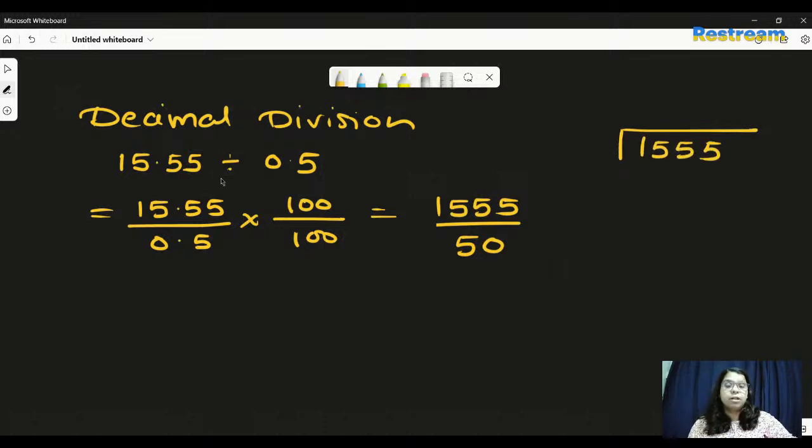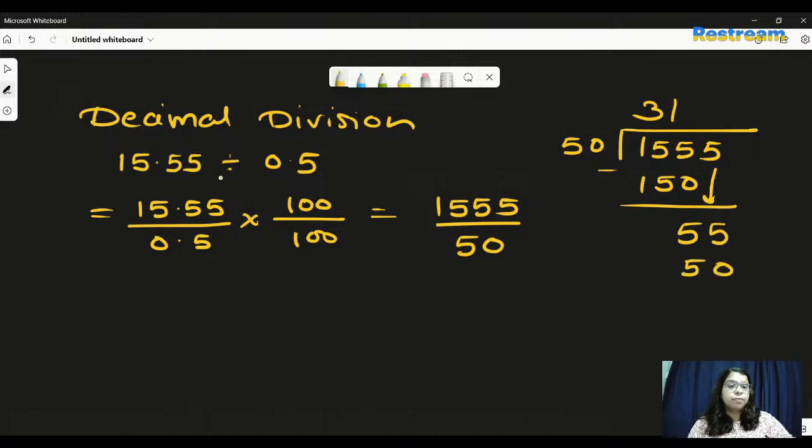1555 divided by 50. So 50 times 3 is 150. So I'm going to get 5 over here. Then this 5 comes down. Then 50 times 1 is 50. I'm going to get a 5.